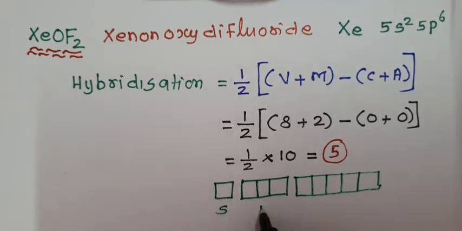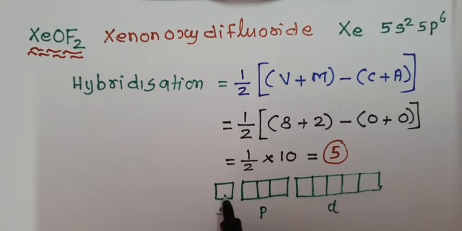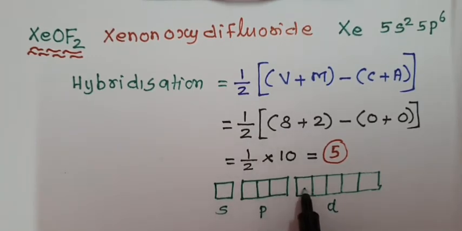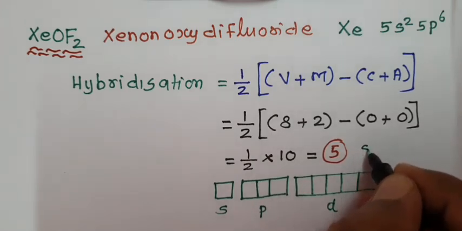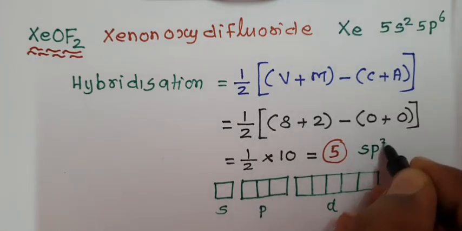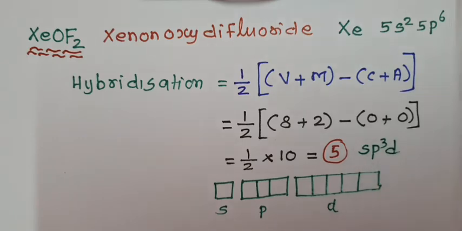Our answer is 5, so select 5 orbitals from the start: 1, 2, 3, 4, 5. The hybridization is sp3d.